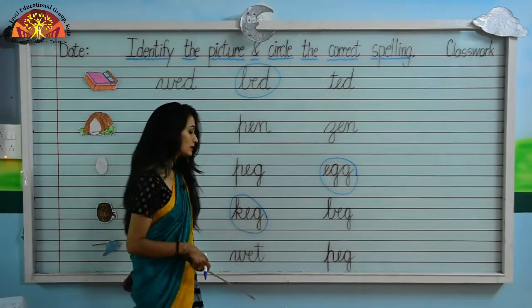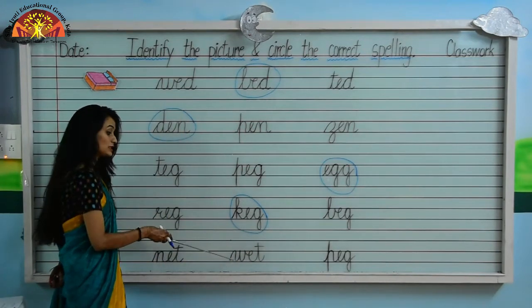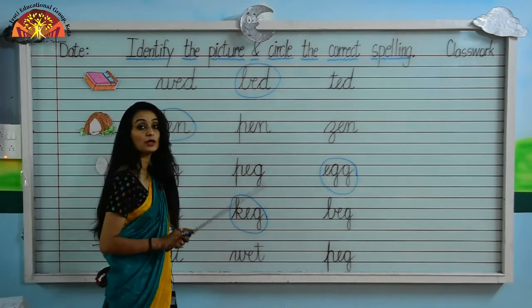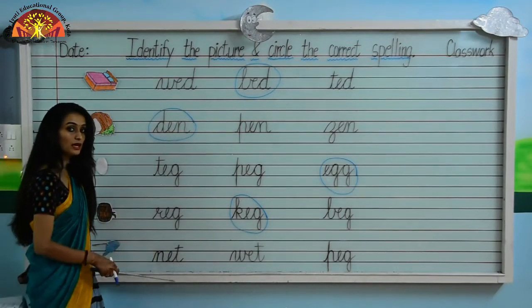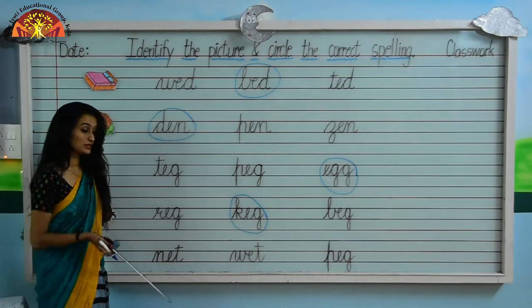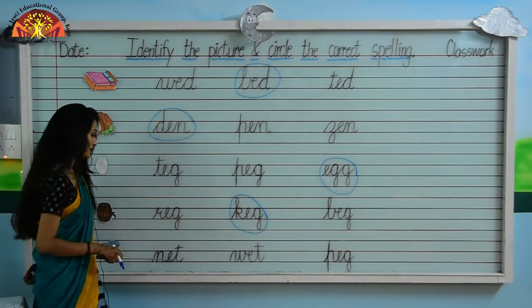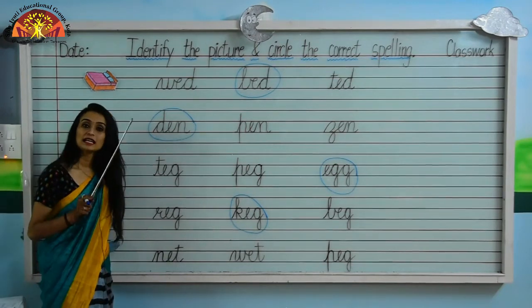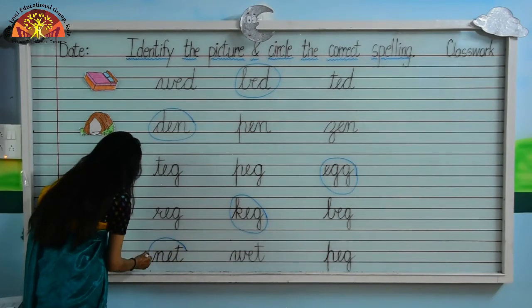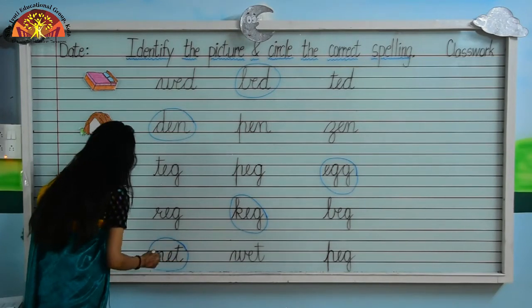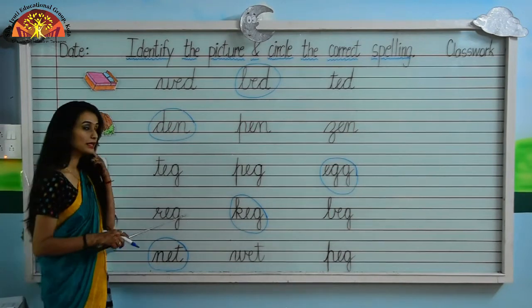Is this one the correct one? No, because this is W-E-T, wet. Now tell me, is this one the correct one? Yes, because this is N-E-T, net. So we will circle the correct spelling like this. Okay? Very nice, kids. Now let's revise all the spellings once again.